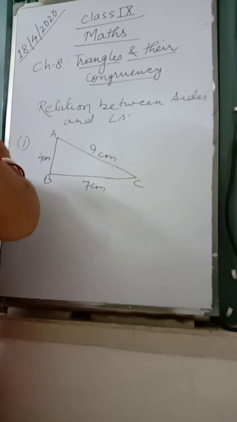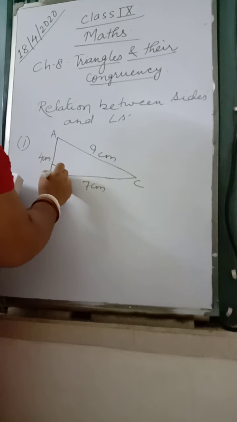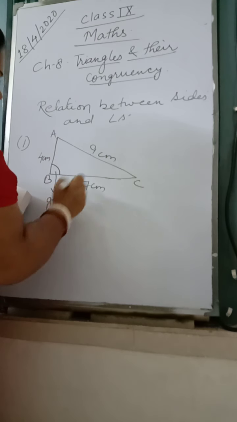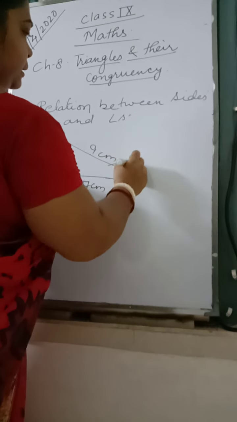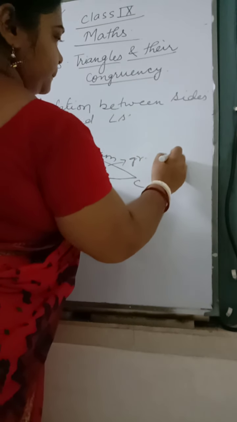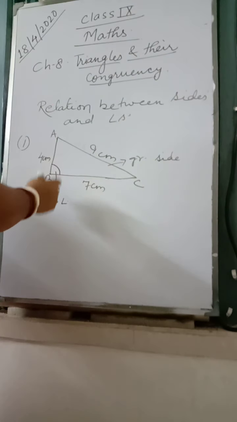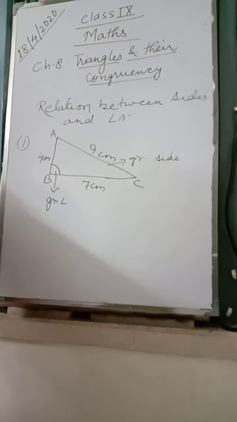So this side is the greatest side, so the angle opposite to it would be the greatest angle.